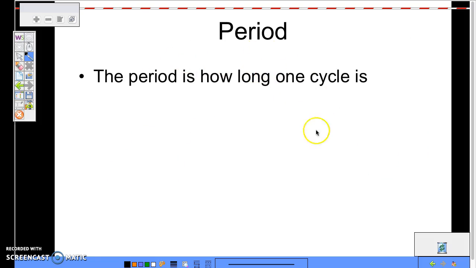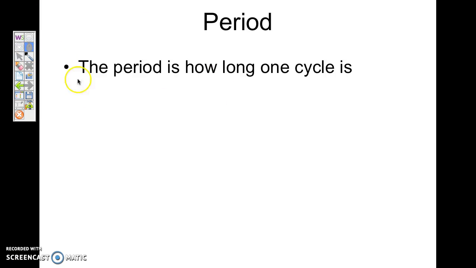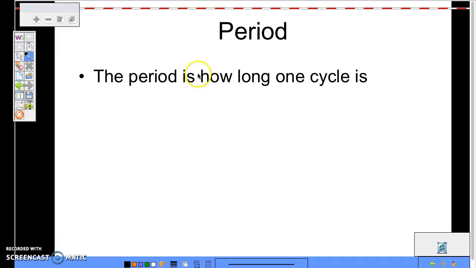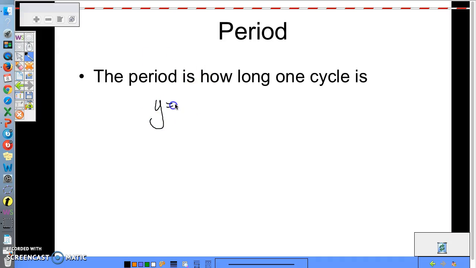And now we don't always see our sine and cosine curve as just y equals the cosine of x. We'll see it as y equals a times the sine of bx, and y equals a times the cosine of bx, because these shift as well.